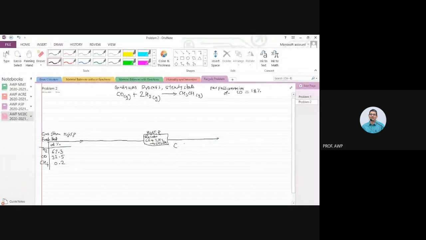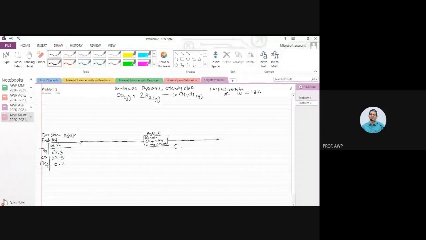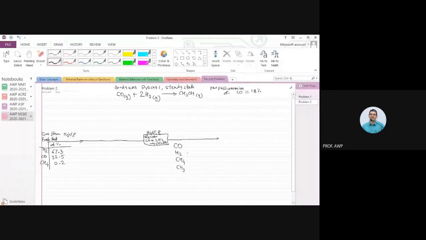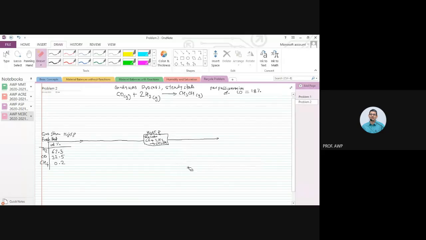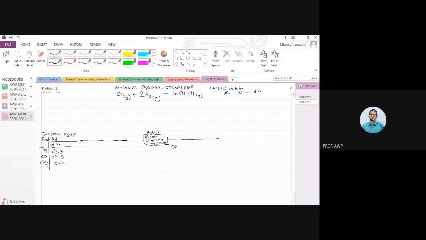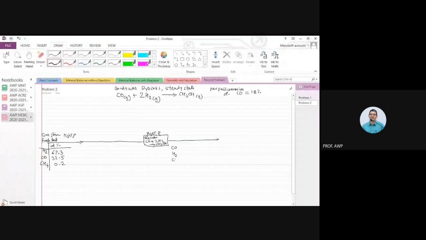So carbon monoxide is there, hydrogen is there, methane is an inert, that is also there, and the methanol that forms by way of the reaction is also there in the gas stream leaving the reactor. Okay, so far so good.